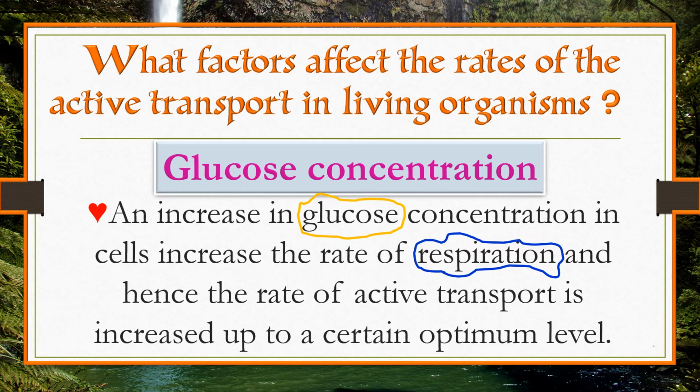And when we increase the rate of respiration, that means that we are producing more energy. And this more energy is going to cause the increase in the rate of active transport up to a certain optimum level. So glucose can affect the rate of active transport in living organisms.